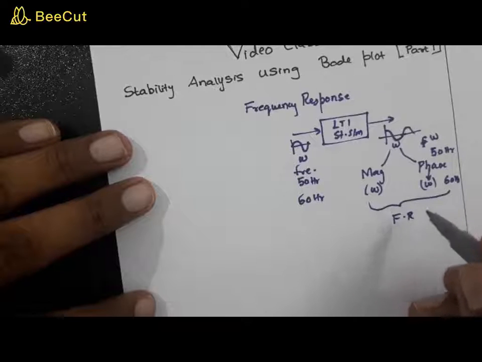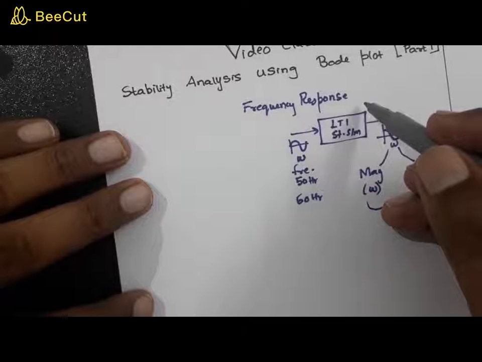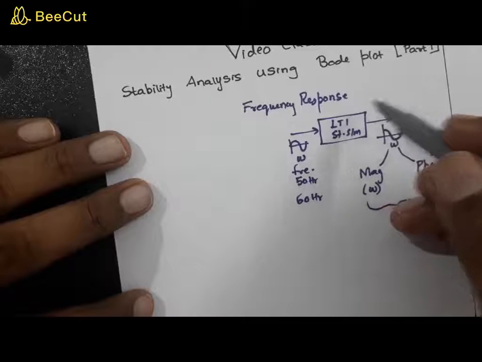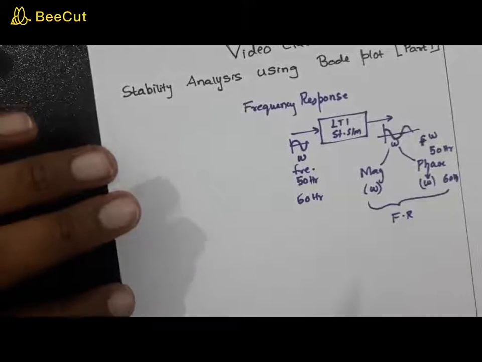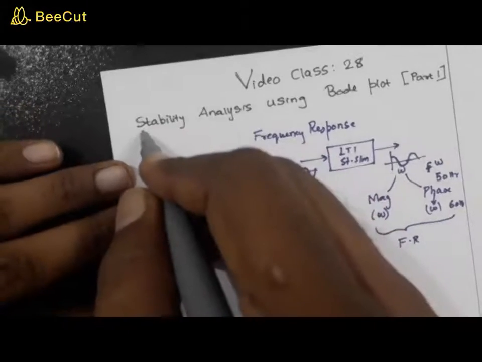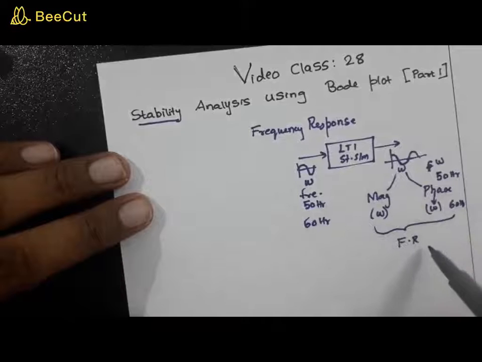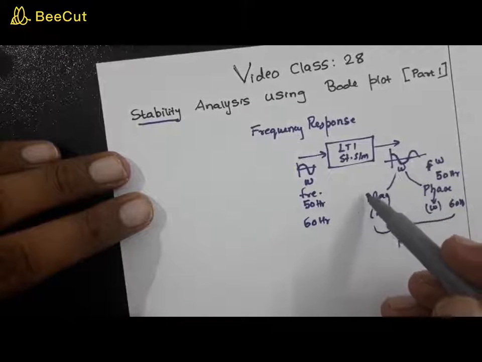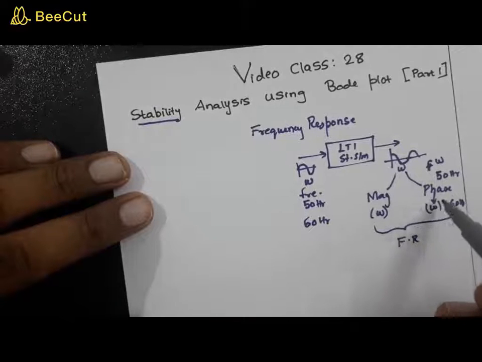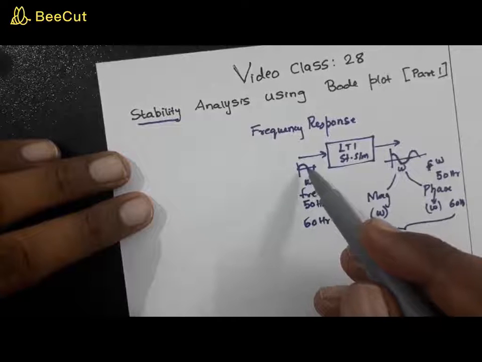From the frequency response, you can understand various characteristics of the control system. Our primary concern in this subject is stability. So you can study the stability of a system from the frequency response, or in other words, from the magnitude and phase of the response to a sinusoidal input.